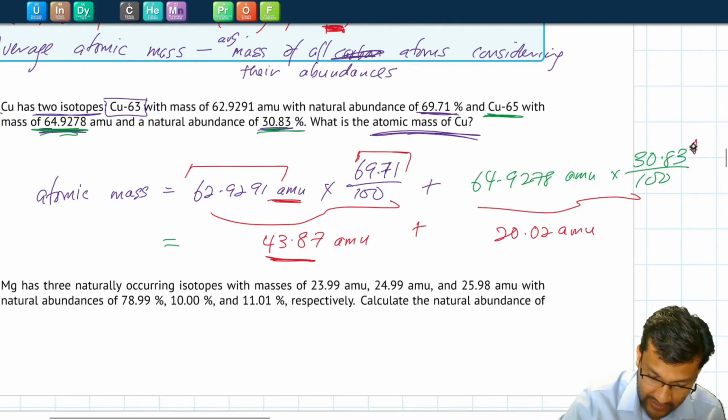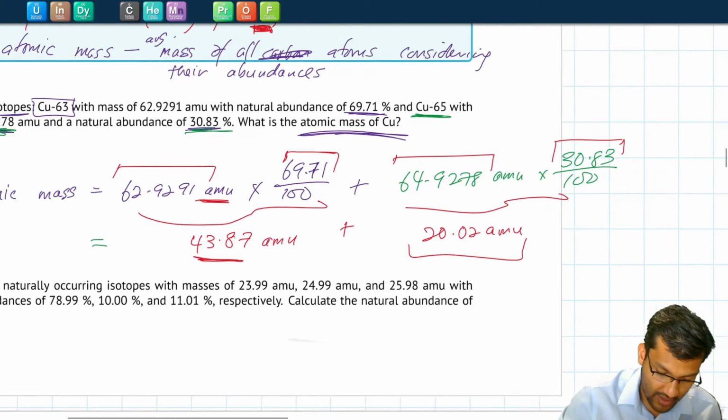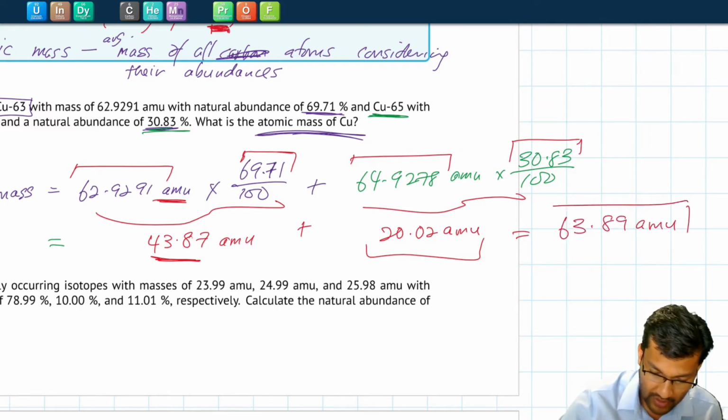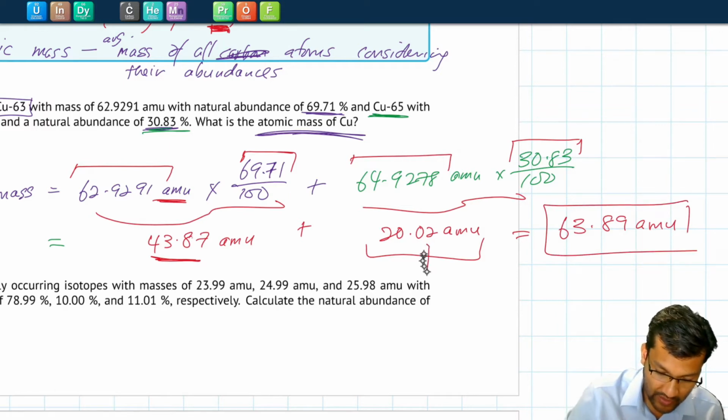Again, four sig figs here, more than four here, so our answer should have four sig figs. So if we add these two up, the atomic mass of copper is 63.89 atomic mass units. Now we're adding, so we just look at the number of decimal places: two decimal places, two decimal places, two decimal places.